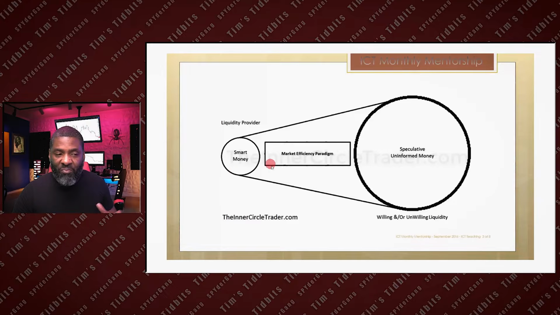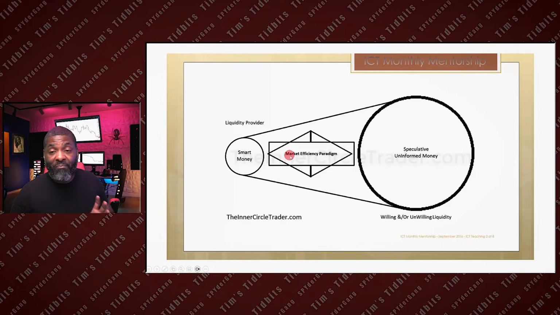I thought there was a small area of smart money, then a big area of retail traders. That's what I thought. But once you start understanding the market efficiency paradigm, you start to understand that there's a relationship between the smart money and the uninformed money, the smart money and the speculative money.